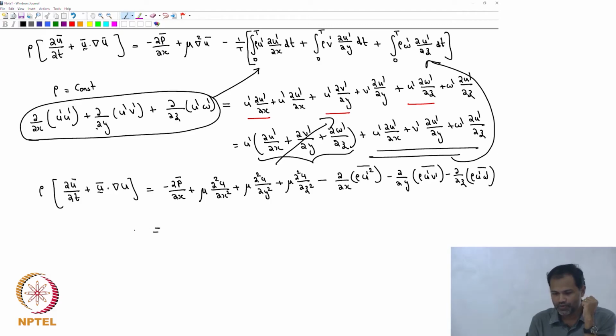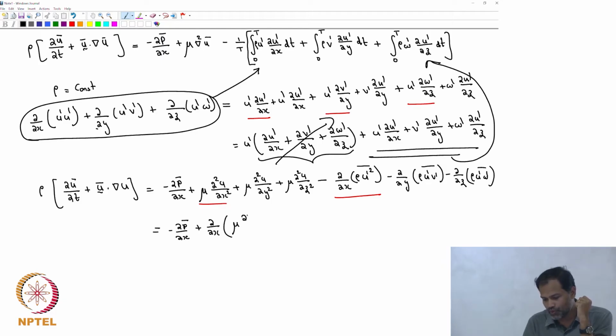This is equal to, I'm going to combine now, that and that: minus dou p bar by dou x plus del by del x of mu dou u by dou x minus rho u prime square averaged.